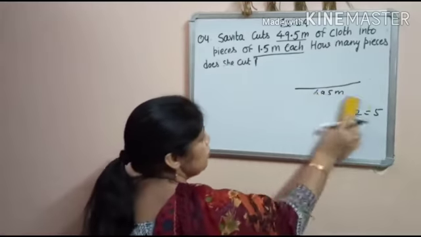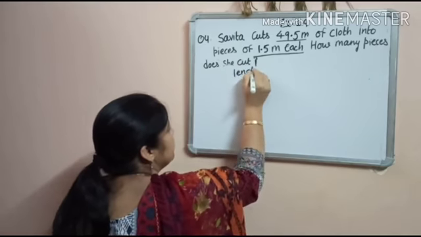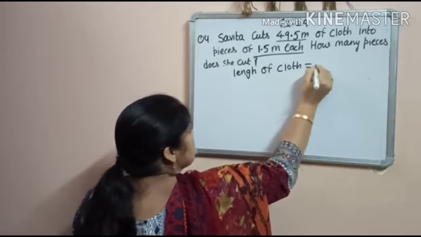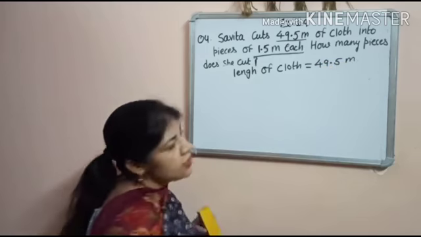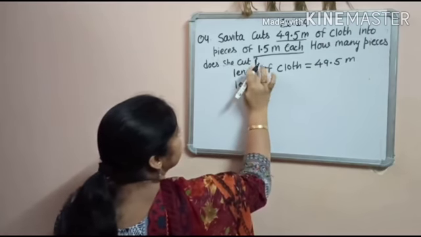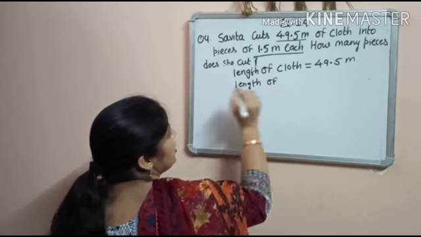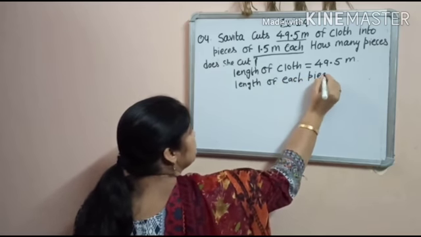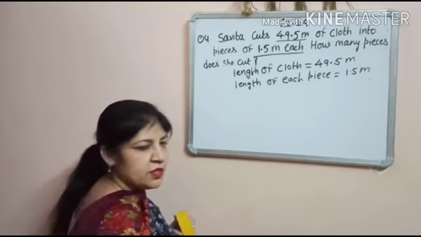So in this word problem, you will divide. Is that clear? So the length of cloth is 49.5 meter and the length of each piece is 1.5 meter.